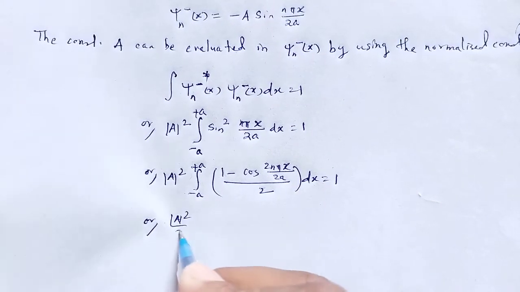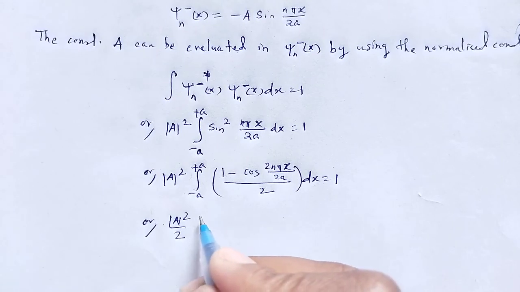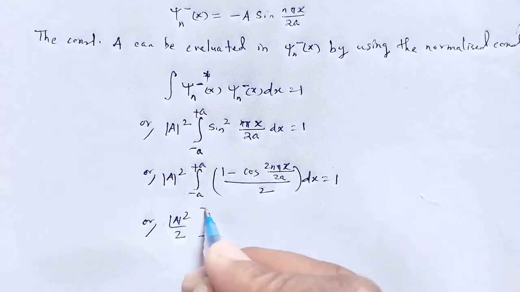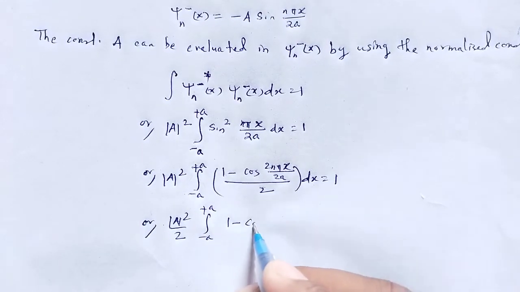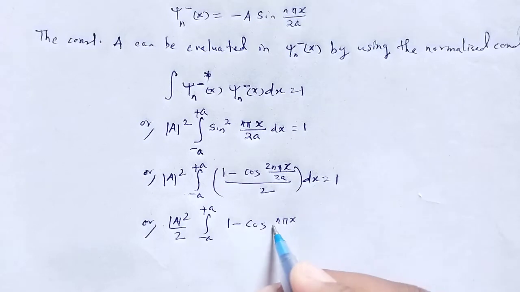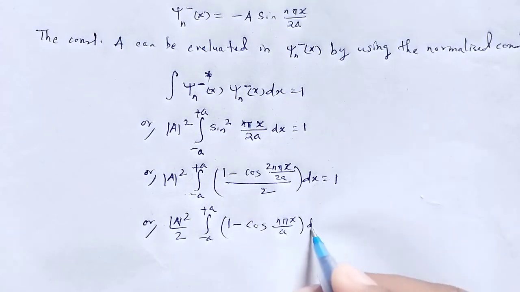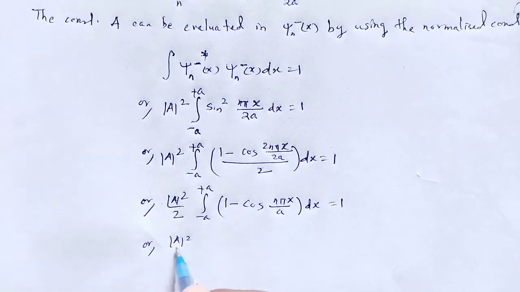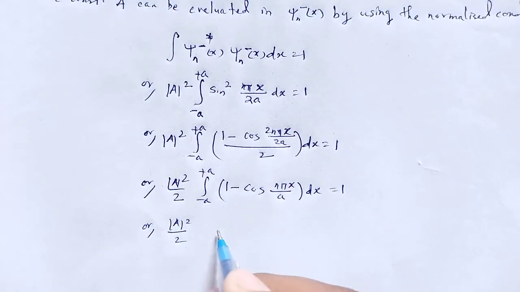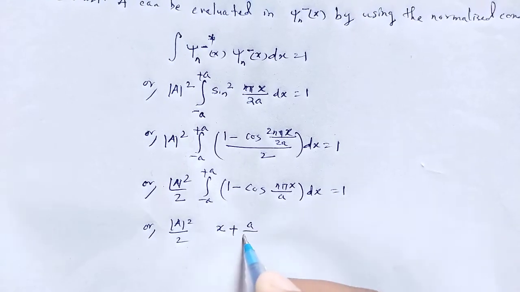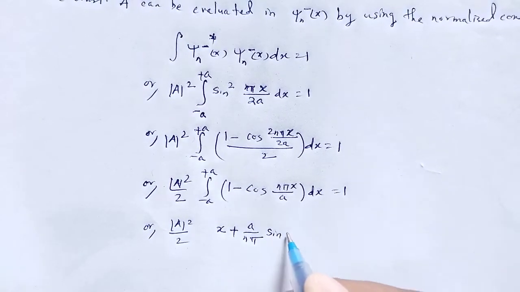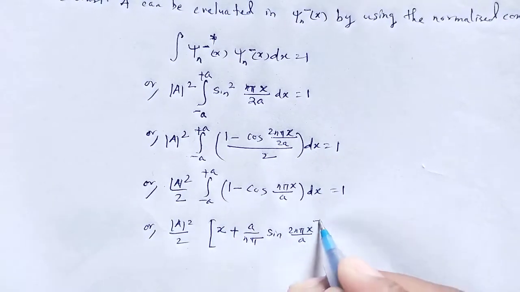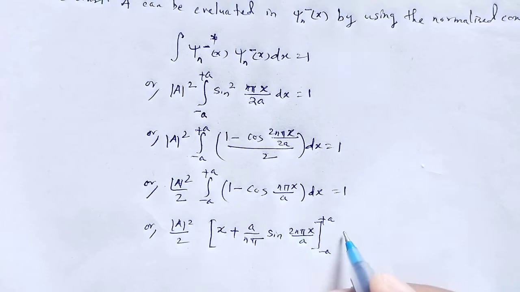Or magnitude a square divided by 2, integration from minus a to plus a of 1 minus cos n pi x by a dx is equal to 1. Or magnitude a square divided by 2 times x minus a by n pi sin n pi x by a, limit from minus a to plus a.